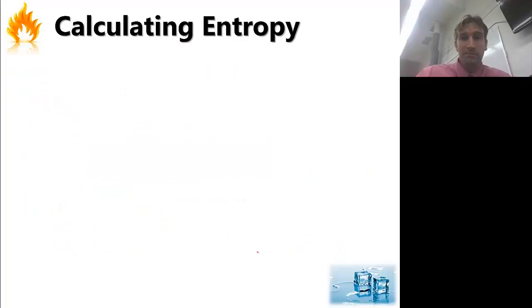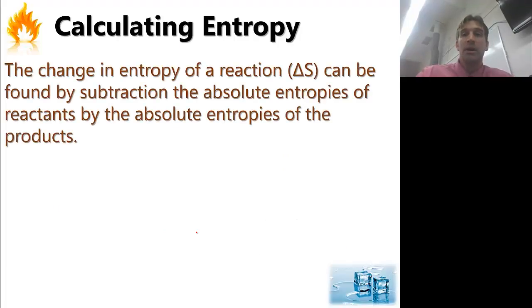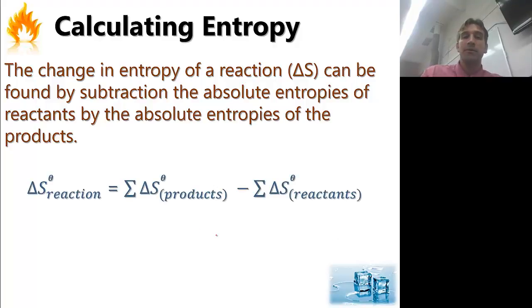Now, let's talk about how we can bring math into this picture. So first, the change in entropy, that delta S value, can be determined as essentially the ending situation minus the starting situation. Okay, final minus initial, that's change. So if you're given absolute entropy values, you can determine the overall change based upon the absolute entropies of products minus the absolute entropy of reactants.